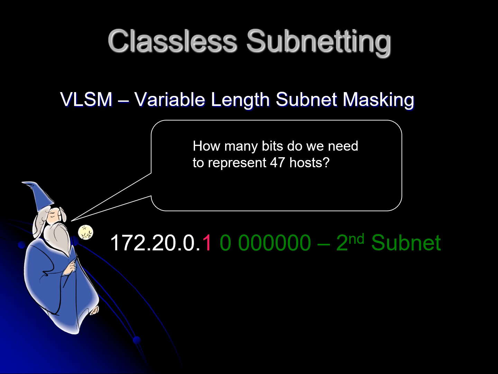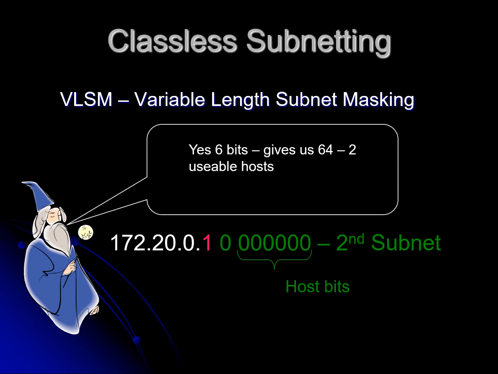To represent 47 hosts, how many bits do we need? These are the host bits that we can play with. We only need 6 bits. With 6 bits, it'll give us 64, but remember, 2 of those IP addresses are not usable.